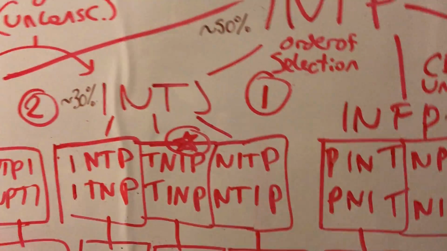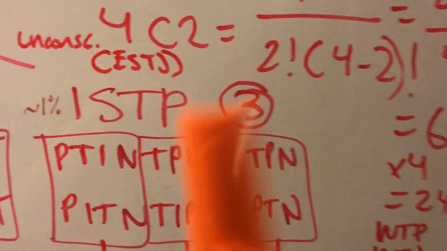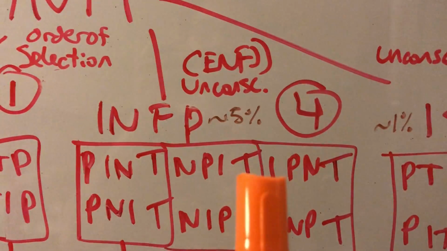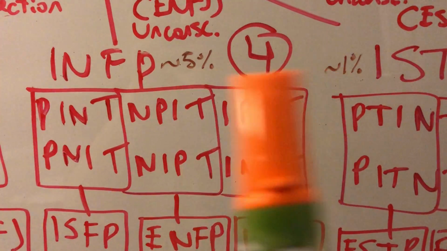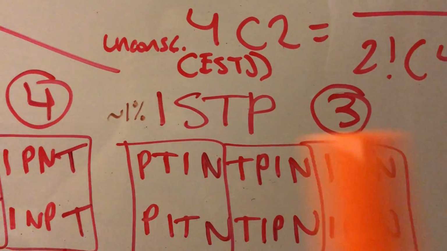And my order of preference happens to be INTJ, ENTP, ISTP, and then INFP. Maybe this means I'm an INFP around 5% of the time, and ISTP about 1% of the time.